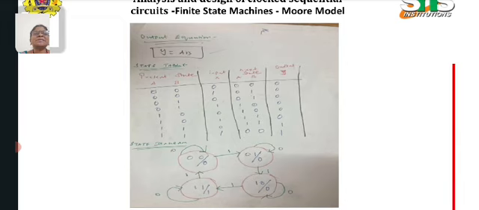Your present state is A and B, your input is X, and the next states are A, B and Y. The present state and input we have written in 8421 code, like 0000, 0001, 0010, from 0 to 9.